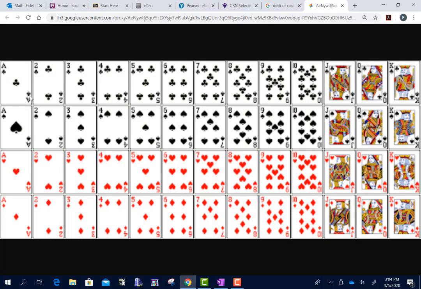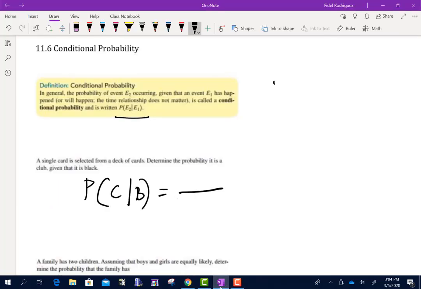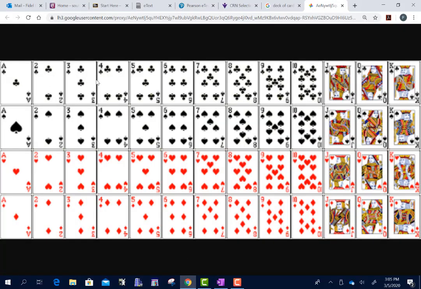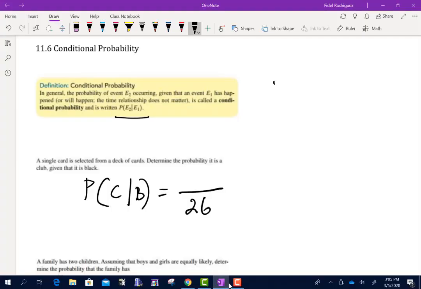Remember we have 52 cards. Out of those 52, 26 of them are in fact black cards. Out of those 26 black cards, 13 of them, the top row, are all clubs. So 13 out of 26, which is the same as 1/2.